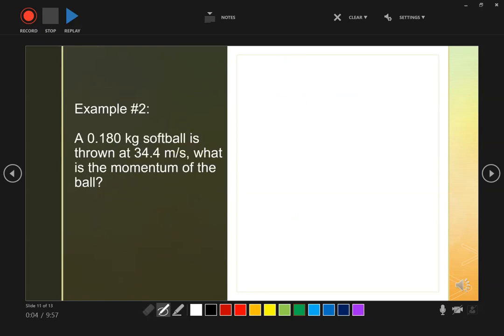Let's take a look at example number 2. A 0.180 kilogram softball is thrown at 34.4 meters per second. So what has the unit kg? Mass. What has the unit m/s? Velocity. What is the momentum of the ball? So they are asking us to solve for momentum. So remember that our equation is momentum equals mass times velocity.